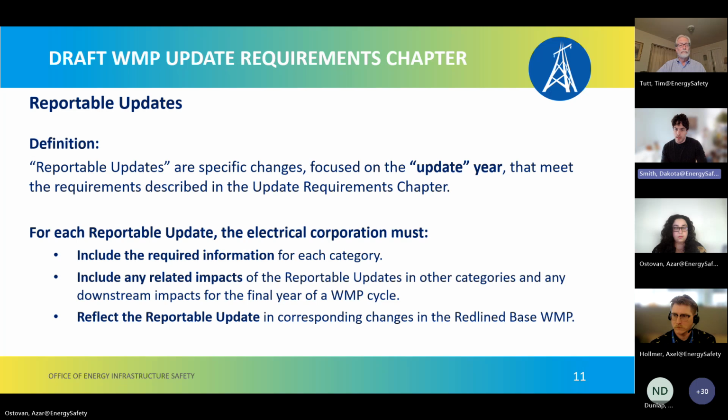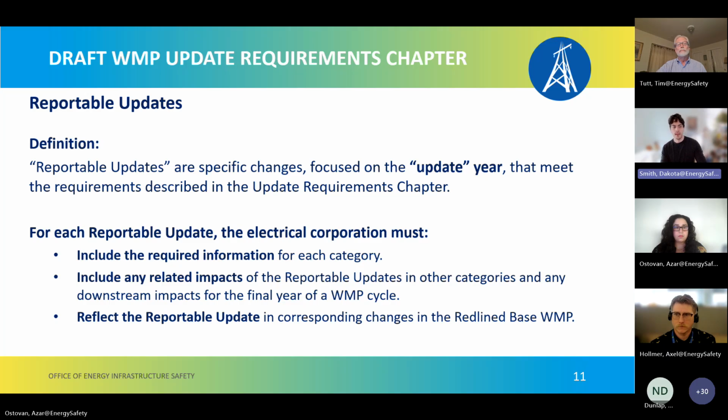But for each reportable update, the electrical corporation must include the required information for each category, include any related impacts of the reportable updates in the other categories of the update, and any downstream impacts for the final year of a WMP cycle.